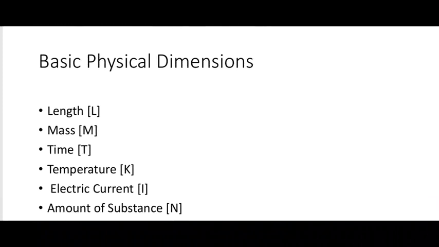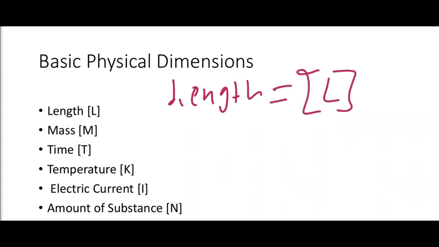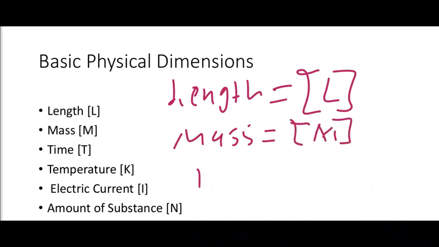Since I think there's one thing that I haven't explained well: the dimension of length is capital letter L. So length, we'll be using this as the dimension. Then mass, we are going to be using capital letter M. Time, we go to T.